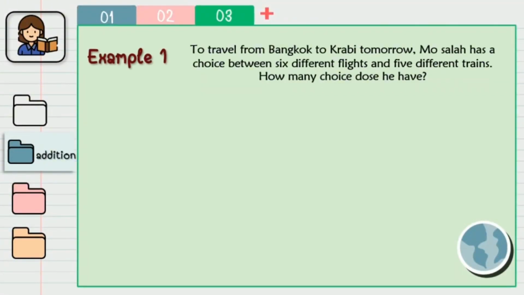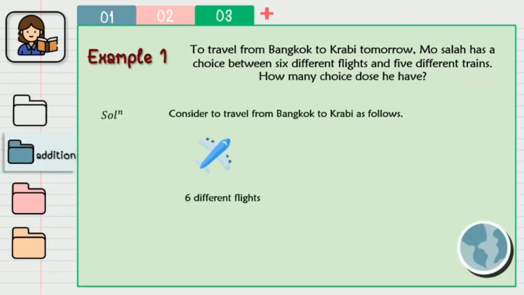The first example. To travel from Bangkok to Krabi tomorrow, Mo Salah has a choice between 6 different flights and 5 different trains. How many choices does he have? So, consider traveling from Bangkok to Krabi as follows. There are 6 different flights and there are 5 different trains.